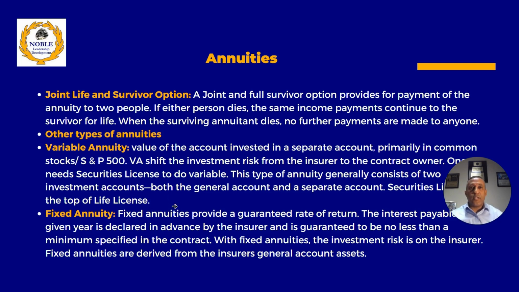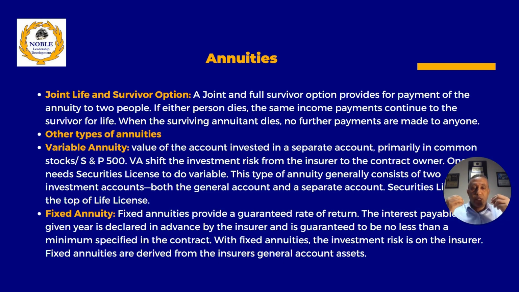Other types of annuity include a variable annuity. In a variable annuity, the value of the account is invested in a separate account. If you see a separate account in the question, the answer is variable, primarily in common stock or the S&P 500. Variable annuities shift the investment risk from the insurance company to the individual. The individual is saying, I want my money to be in the market.